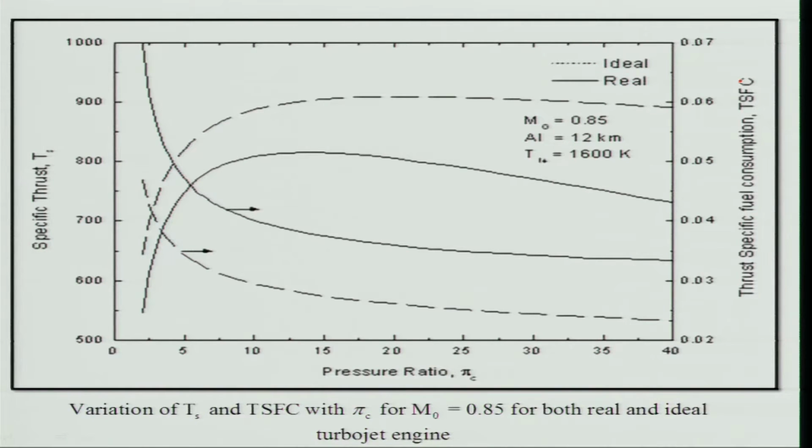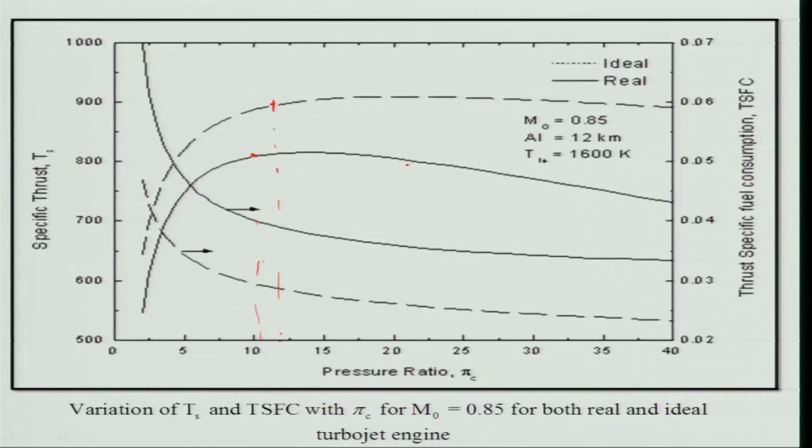If you look at this, specific thrust increases and reaches a peak value, then it decreases. For the real one, the peak value occurs somewhere here, at a higher pressure ratio. For the ideal one, it has a similar trend, but the peak value occurs at a different pressure ratio, maybe somewhere here, which is not the same.